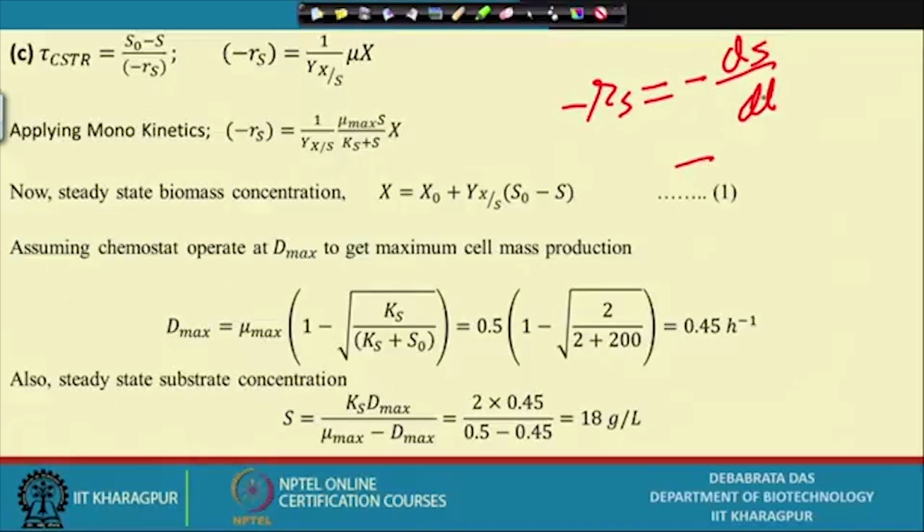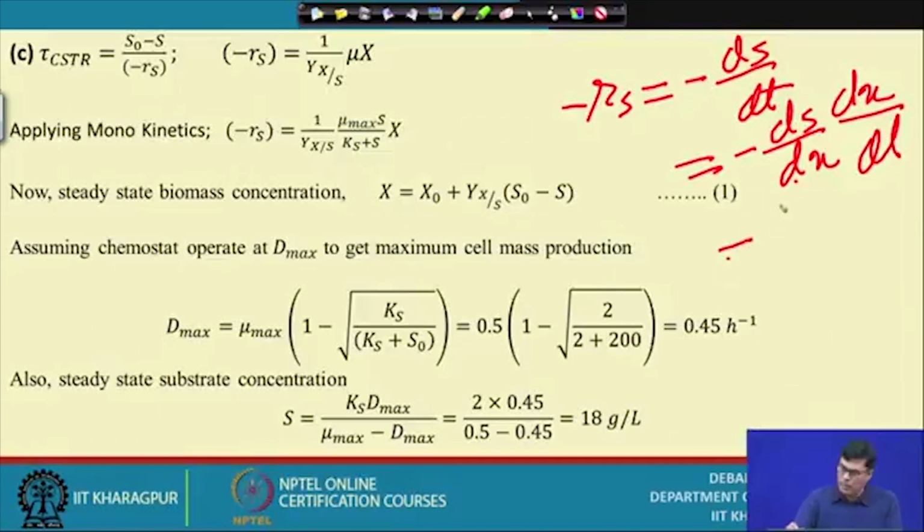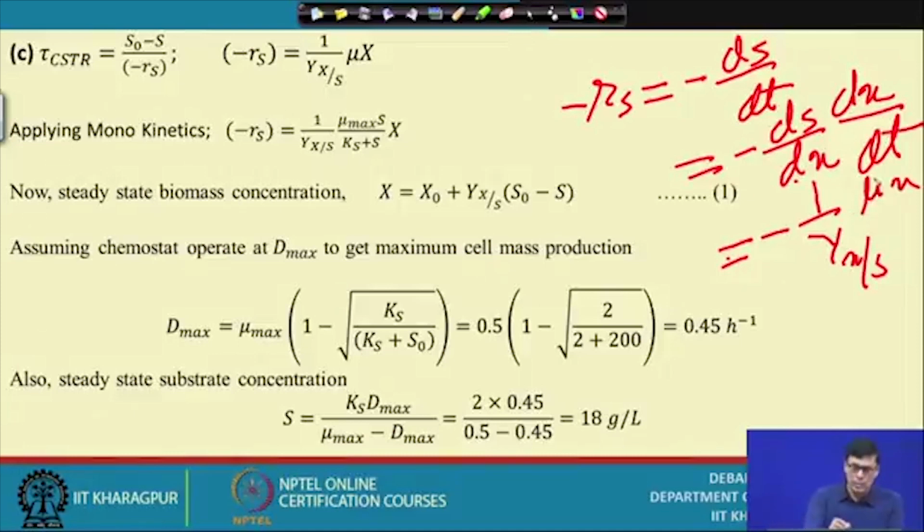Now, this is equal to minus ds by dx times dx by dt. Now, this is equal to 1 by Yx/s into dx by dt, which is equal to mu into x. This is exactly what we have written here. Now, from the Monod kinetics, we know mu equals mu max S by Ks plus S, and x is like this.